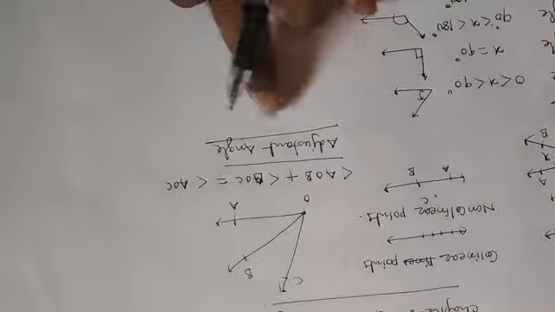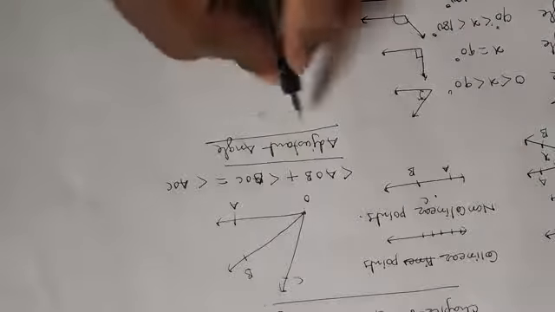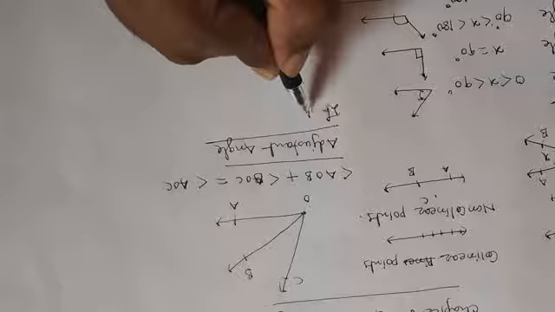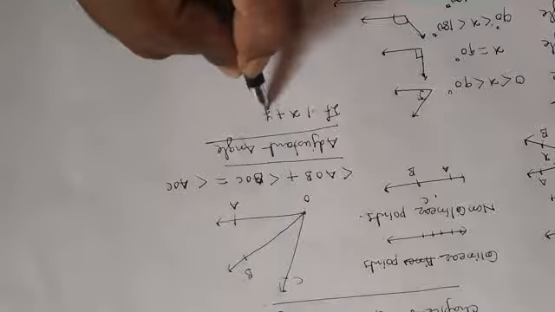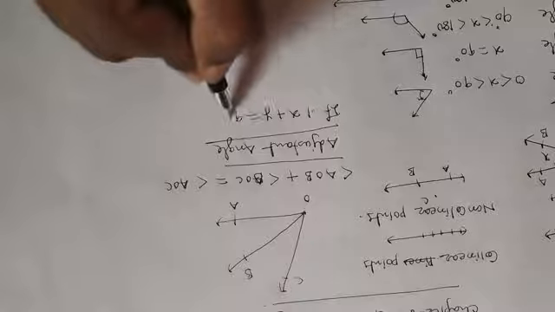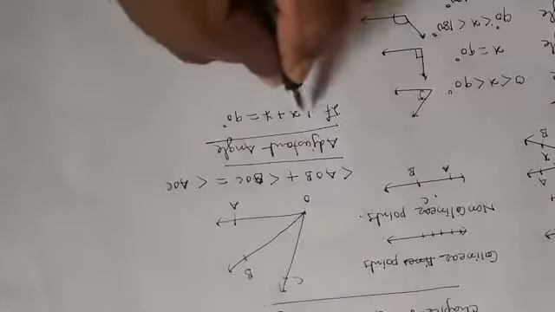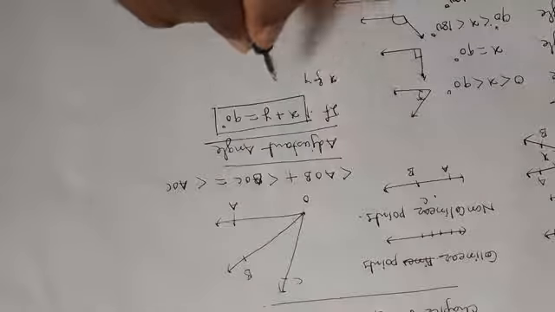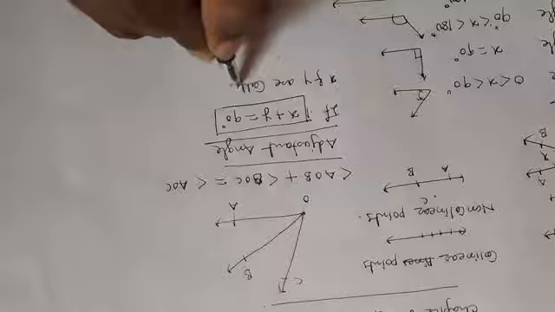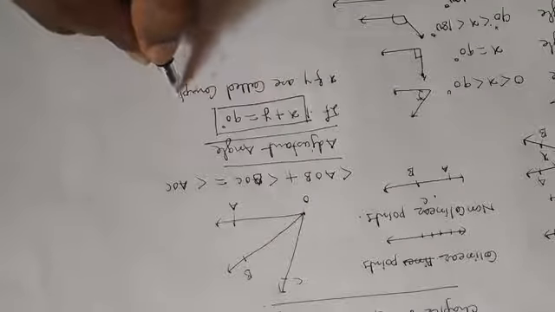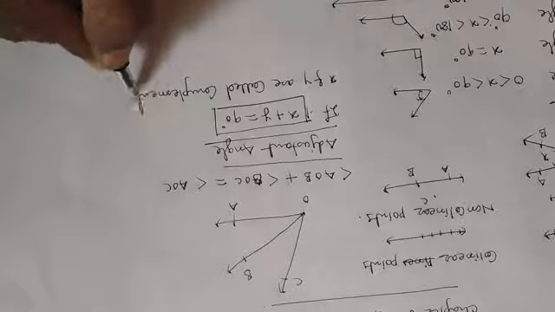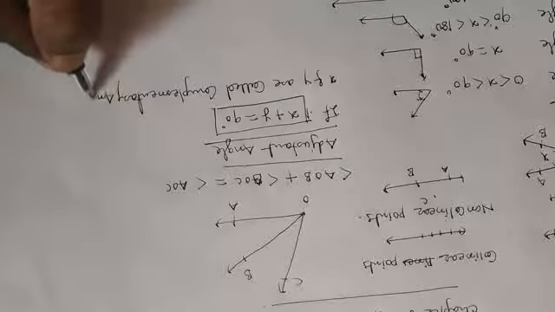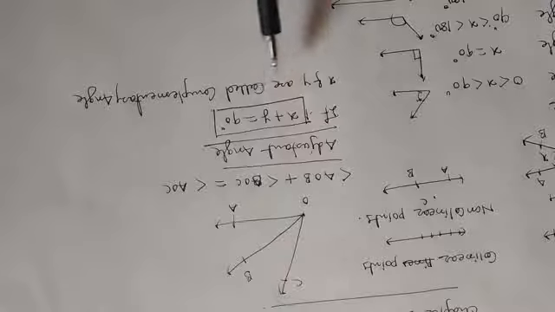Now, if two angles, suppose angle X and angle Y, have a sum of 90 degrees, then X and Y are called complementary angles. If the sum of two adjacent angles is 90 degrees, the angles are called complementary angles.